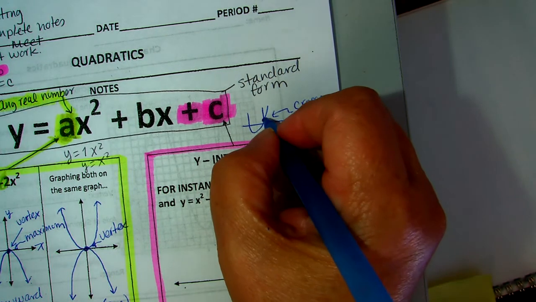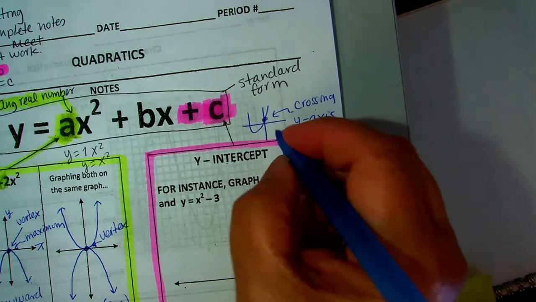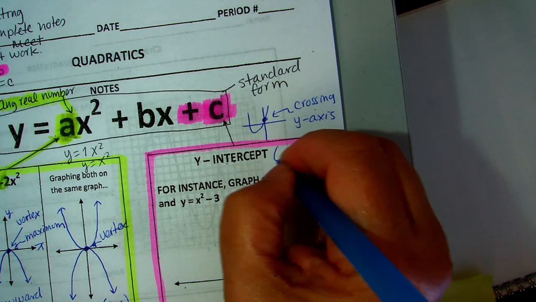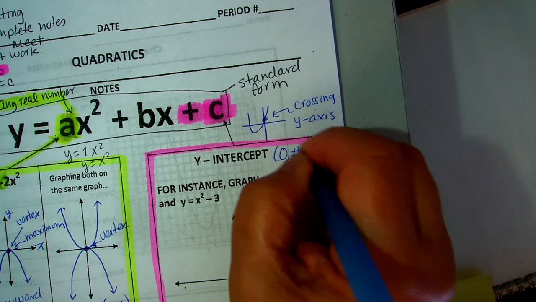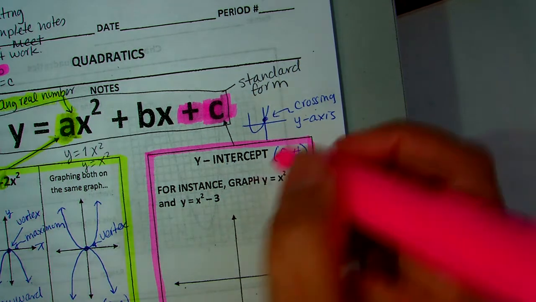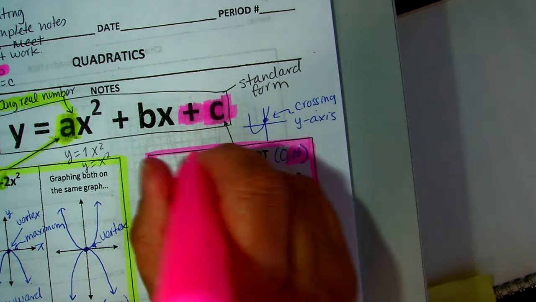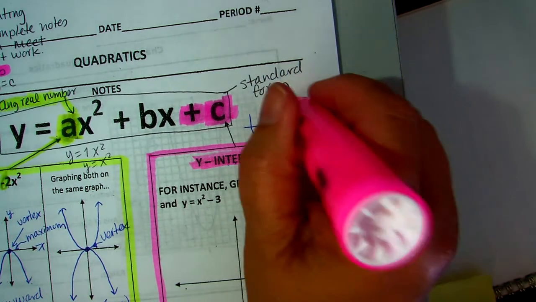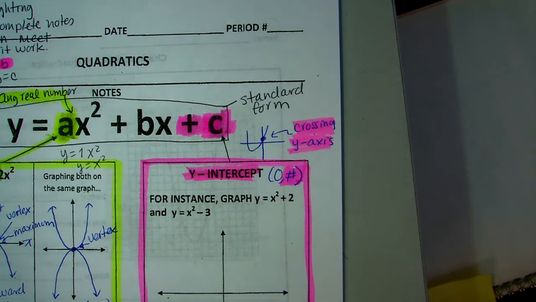And look at the coordinate. It is going to be the same as we do in the vocabulary for linears. It's going to be 0, comma, and a number. So highlight this, and highlight this. Crossing the y-axis. That's where the parabola crosses the y-axis.